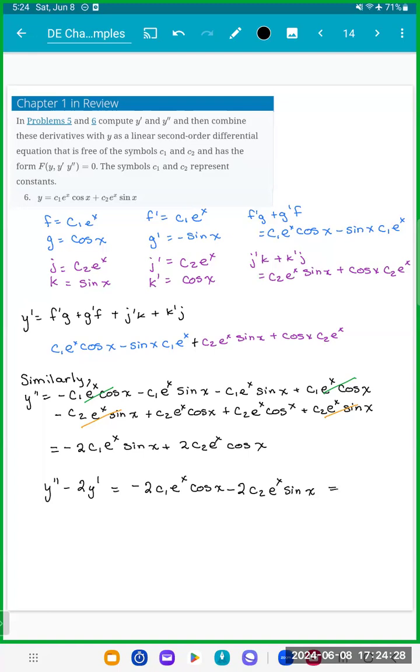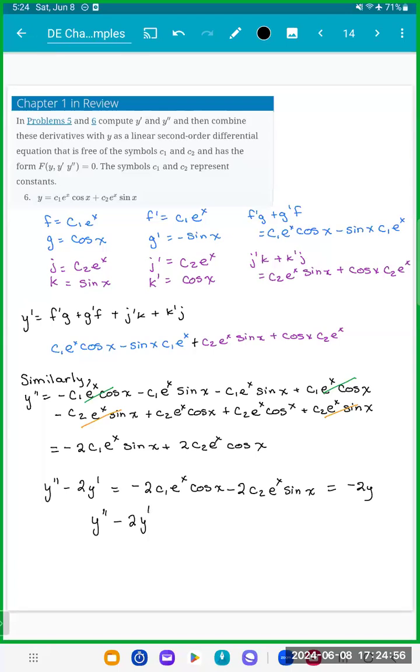And that gives us a negative 2y. Not simplify, so we still have our y double prime minus 2y prime.